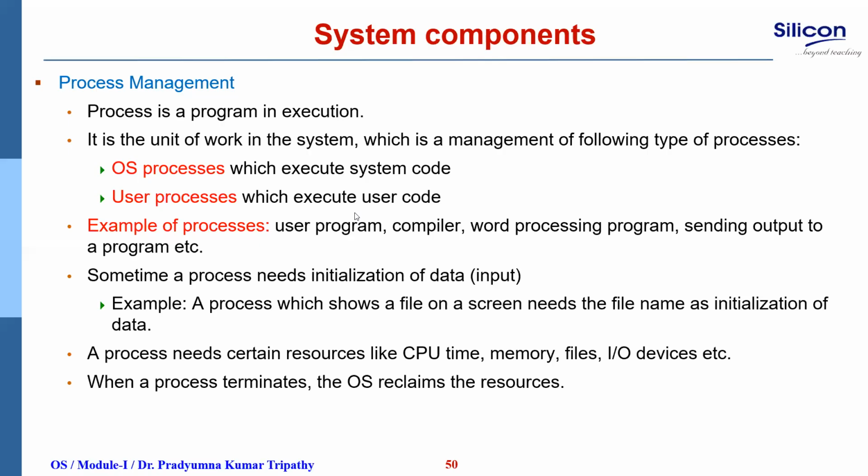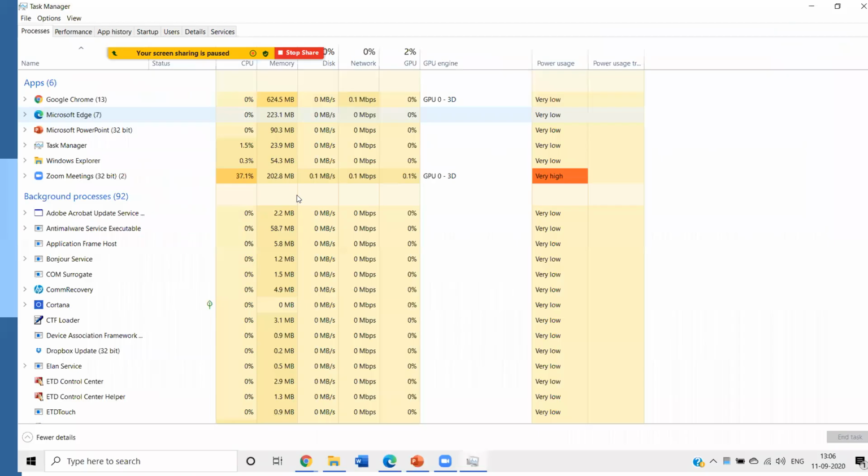For the system components, we have discussed process management, where we discussed that there are two different kinds of processes: user processes and system processes. I gave an example of how different system processes are also executing in our system.